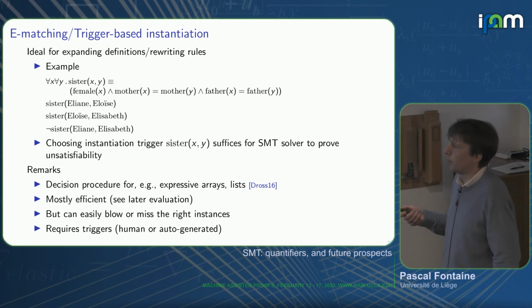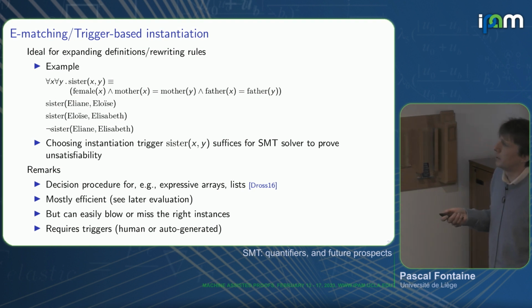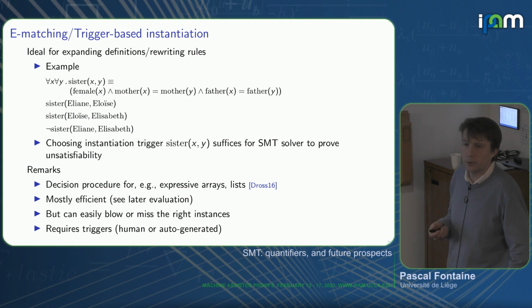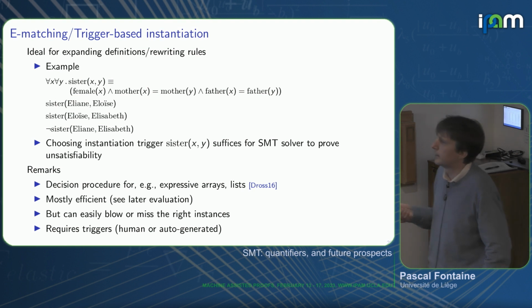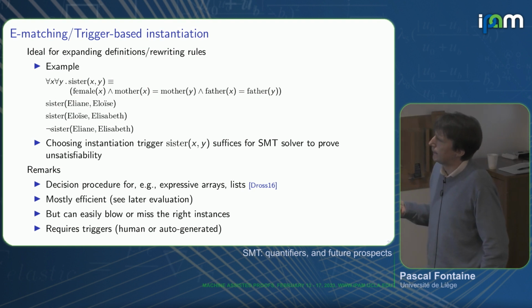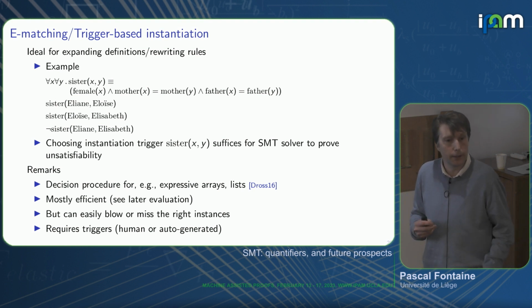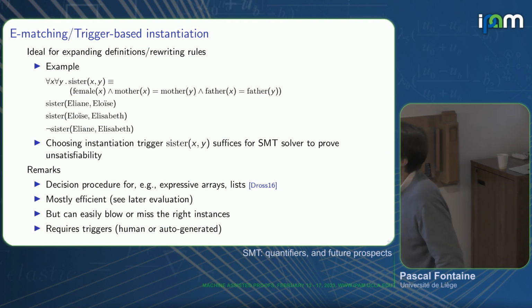If you have a trigger associated to this quantified formula, sister X of Y, whenever I see a sister XY in my ground part, I will generate the corresponding instance.